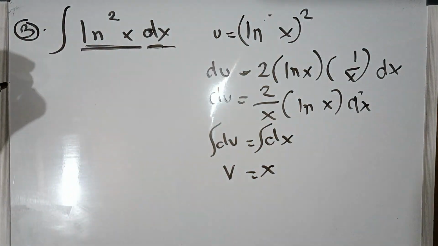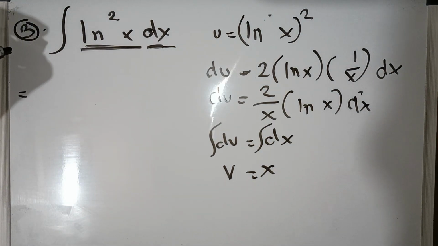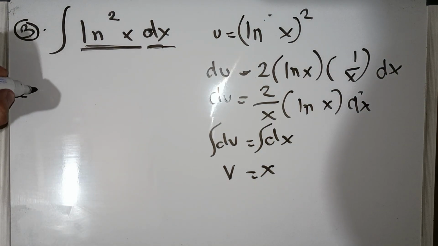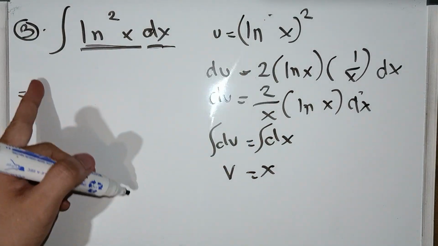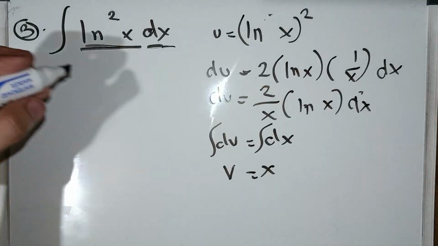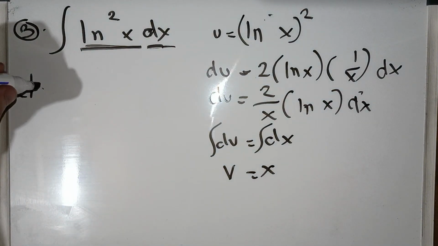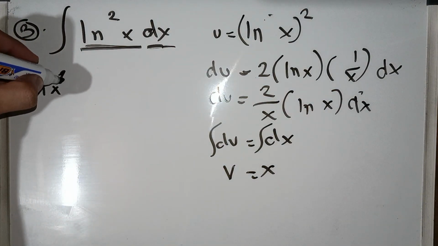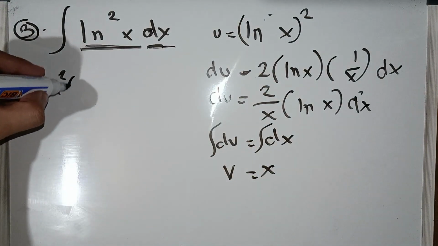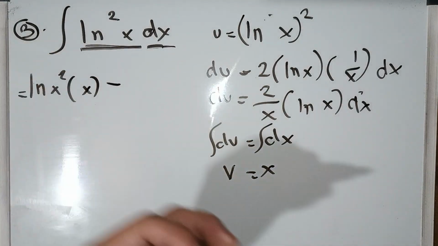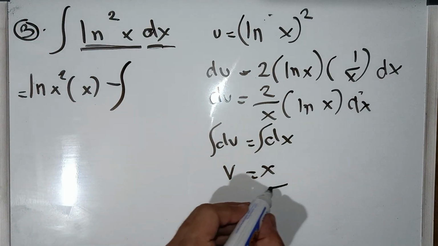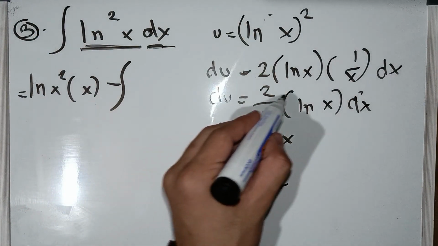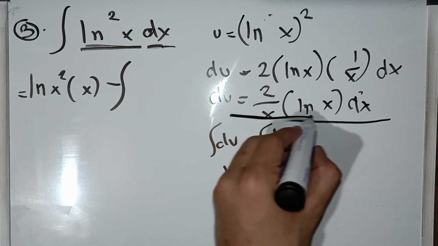Now that we have what we needed, let's proceed to integration. So x, which is equal to v, it is the u first, so let's put the u, which is ln x squared, and v, which is the x, minus the integral of v, which is this x, multiplied by this du.